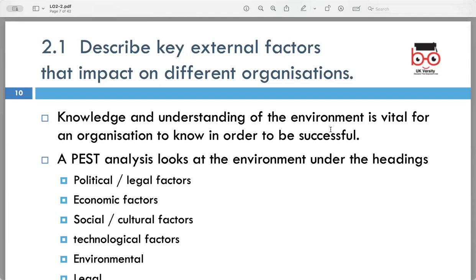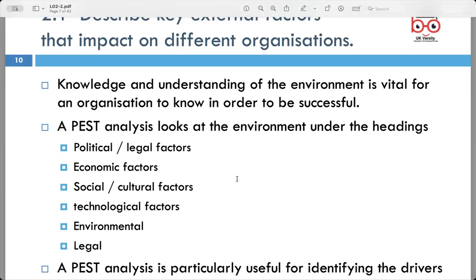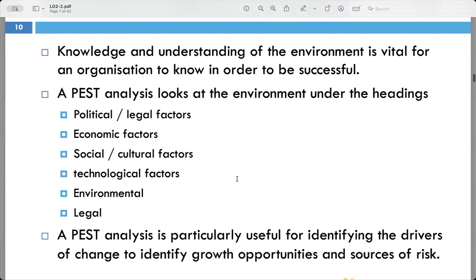In order to identify growth opportunities and sources of risks, PEST analysis evaluates the environment by considering factors like political and legal factors, economic factors, social cultural factors, technological factors, environmental and legal factors. So this analysis is especially useful for identifying the diverse forms of change which can help identify growth opportunities.